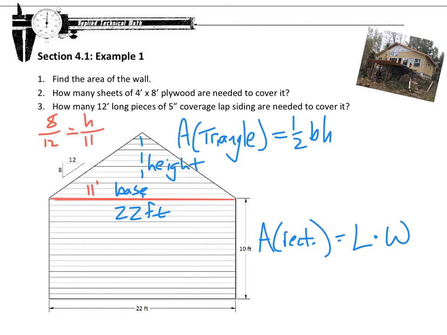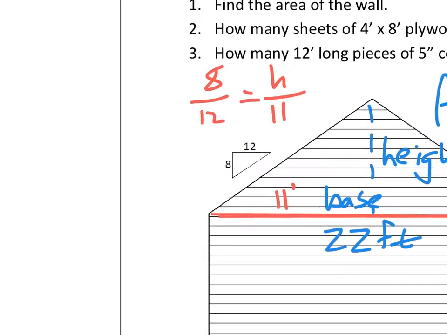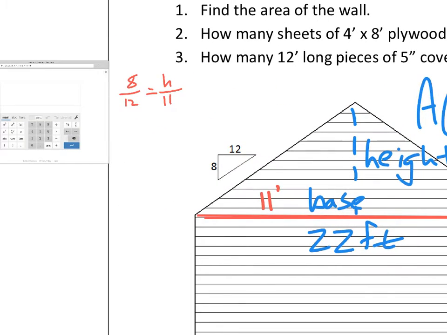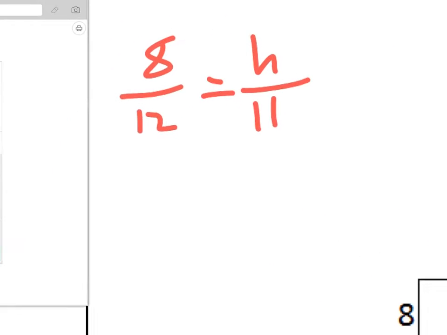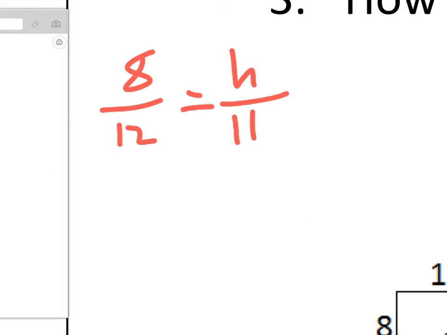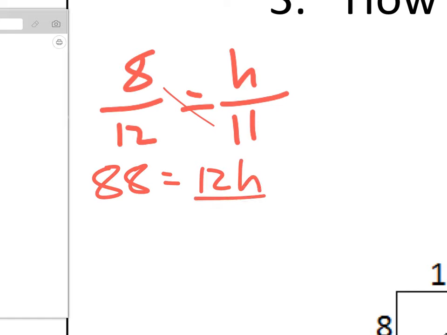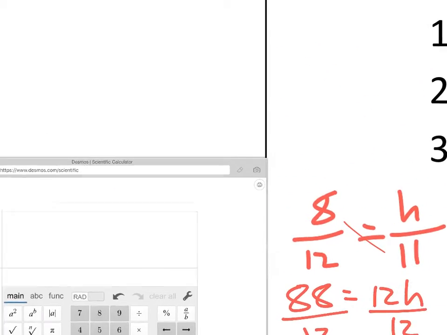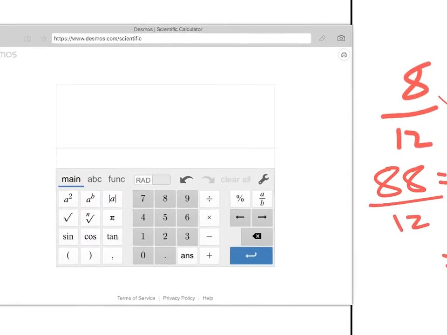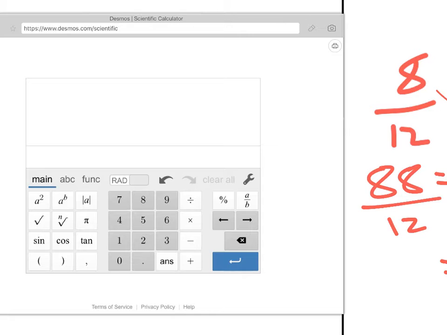So we're going to have to cross multiply here. And let's see. So we can solve this with a little cross multiply. 8 times 11, that's 88, equals 12h. Divided by 12, we're going to get a decimal here, so let's go on over to decimals. We have 88 divided by 12.